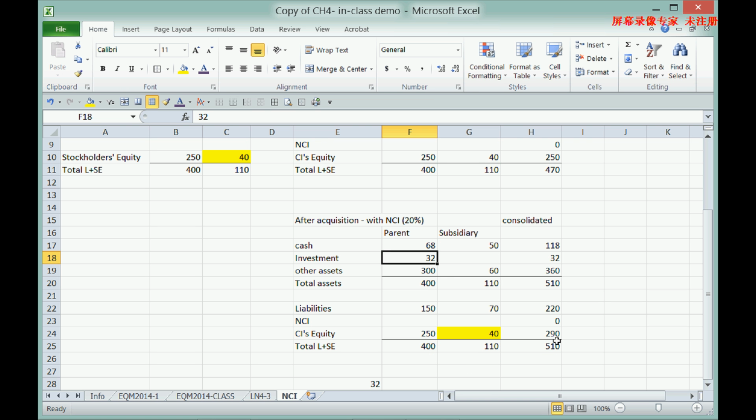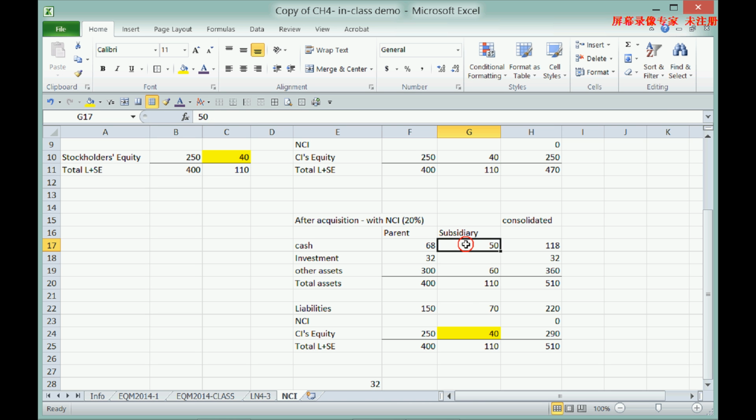So now we are going to consolidate the two companies according to the acquisition method. The parent, when it controls the subsidiary, has to consolidate 100% of the assets and liabilities, which makes sense because the parent, through 80% voting stock, controls decisions of the subsidiary, which means it controls 100% of the assets and liabilities.